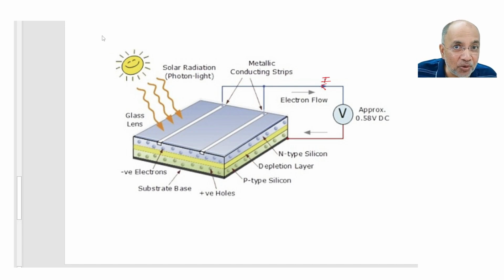And sunlight is allowed to fall. As long as there is sunlight, there is power production. No sunlight, no power production. The sunlight is allowed to fall on the N-type; the top layer is N-type. Then spontaneously electrons flow from the N-type to the P-type, and you get the benefit of the direct current, the DC current.